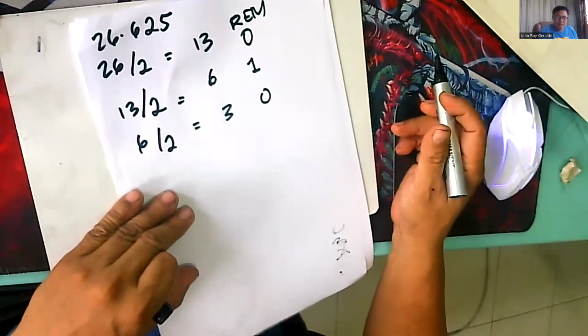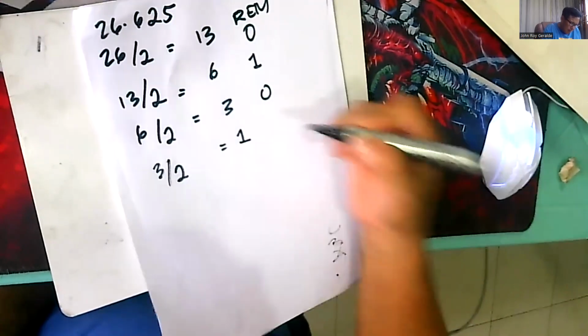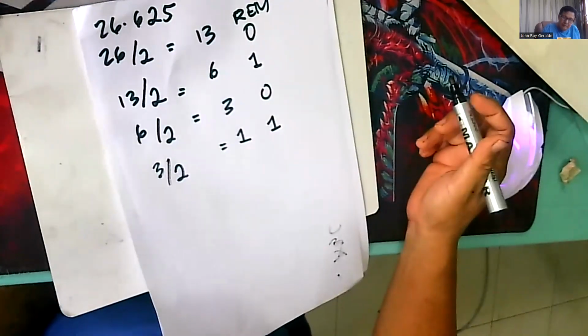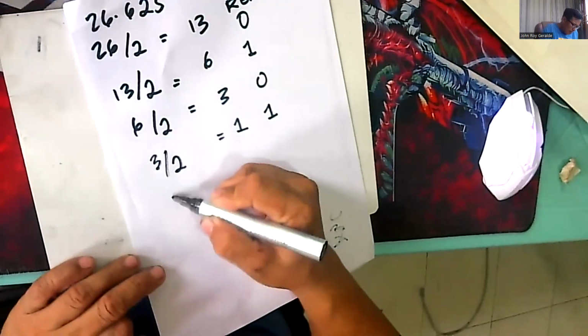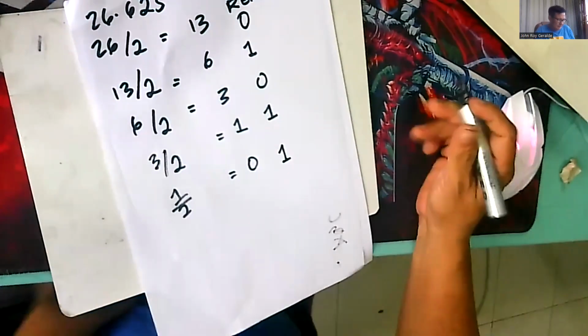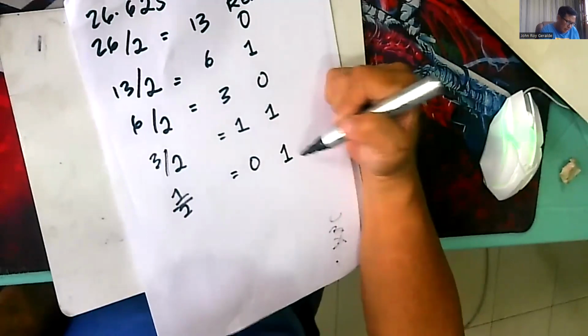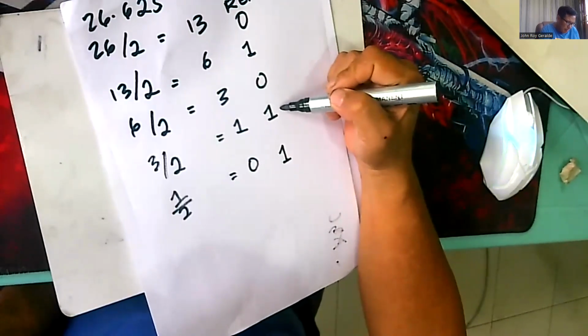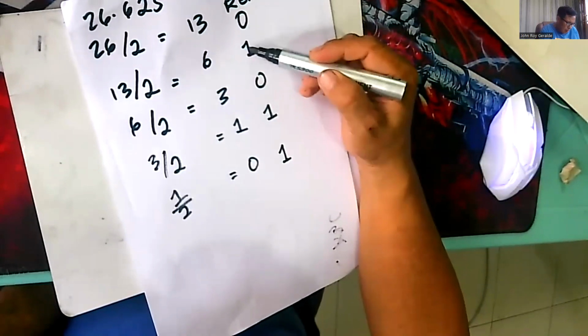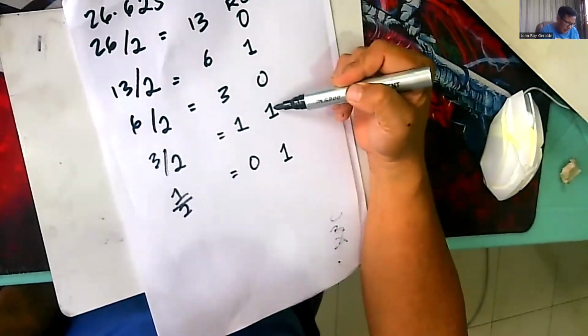Any questions so far? We'll continue now. It's a 3, so we continue dividing. 3 divided by 2 is 1, remainder 1. Then 1 divided by 2 is 0, remainder 1. Is that correct? Let's check: 1, 2, 4, 8, 16. 16 plus 8 is 24, plus 2.